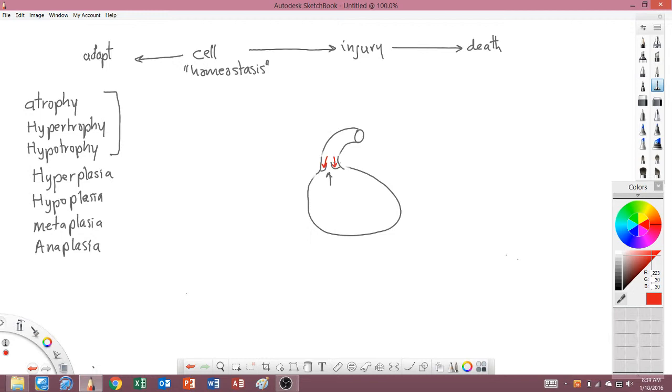So it's very easy, straightforward to understand that one adaptation is, if there's more workload over you, you're going to get stronger. And of course, to get stronger, you need more nutrition, and metabolic activity has to increase. So one example of hypertrophy is what? Very good. Hypertrophic heart.